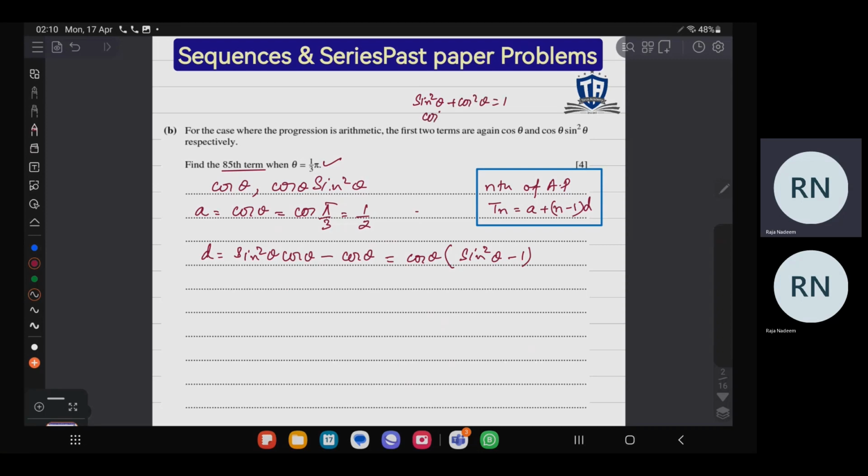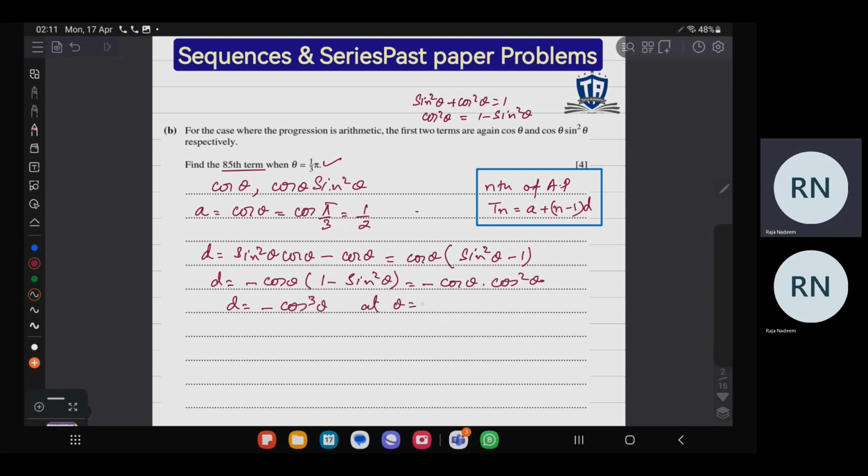If I make cos square theta the subject, it is 1 minus sine square theta. But in the bracket, we have sine square theta minus 1. Let's take minus common and write minus outside the bracket. It is 1 minus sine square theta, which is equal to minus cos theta into cos square theta. Finally, the difference is equal to minus cos cube theta.